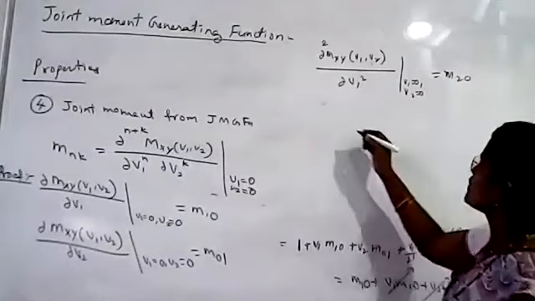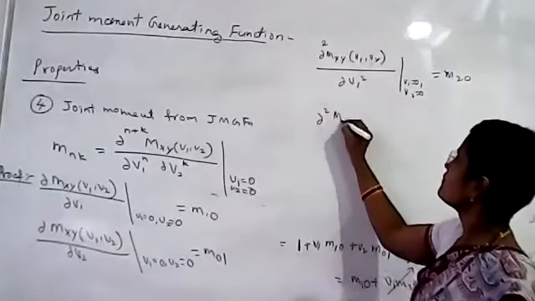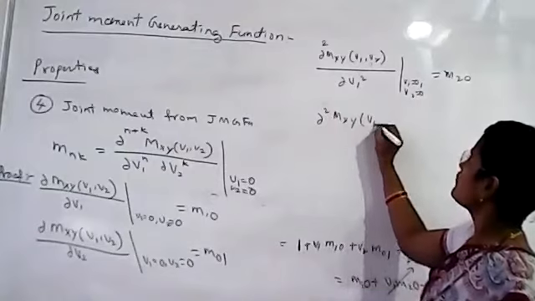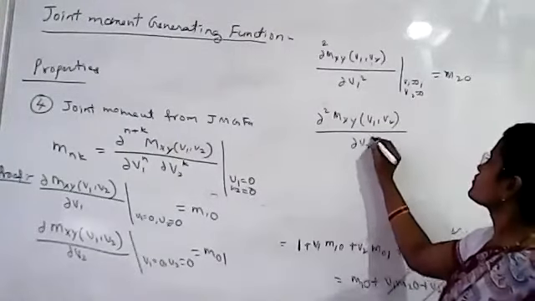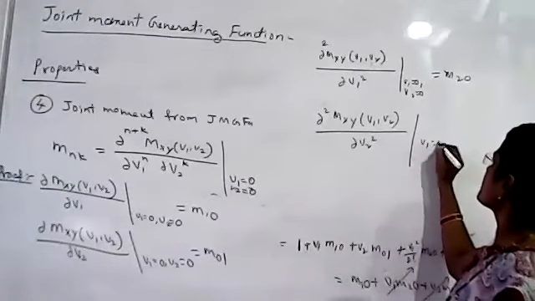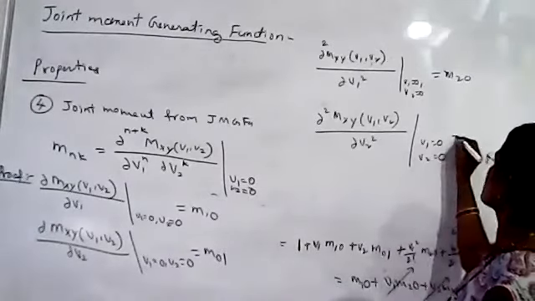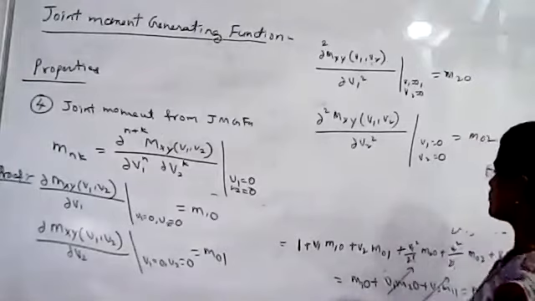Similarly, if you partially differentiate with respect to v2, dou v2 square, substitute v1 is equal to 0, v2 is equal to 0, then we get m02.